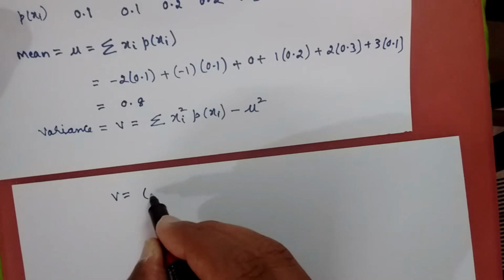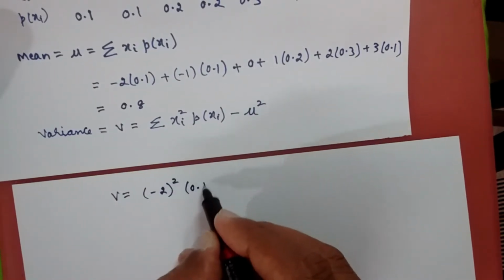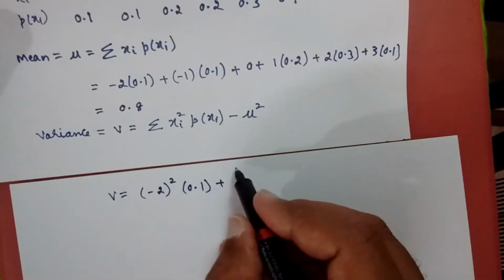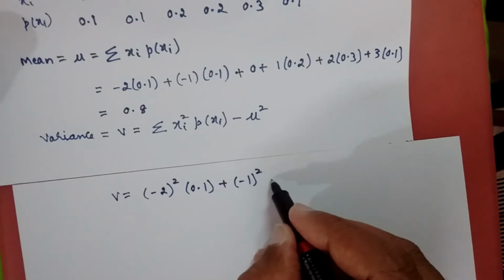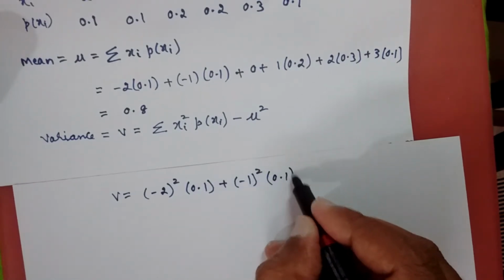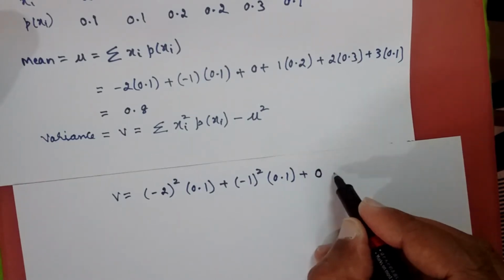The first value of x is minus 2, squared, into p of x, which is 0.1. Because of the summation, you need to add. The next value of x is minus 1, squared, into p of x, which is 0.1. The next value of x is 0, so 0 into anything will be 0 itself.